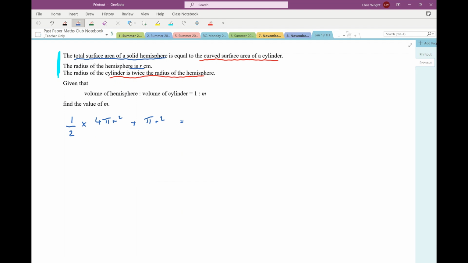Now, the formula for the curved surface area of a cylinder is 2 pi rh. Now, in this case, r here is equal to 2r, because the radius of the cylinder is equal to twice the radius of the hemisphere. So I'm going to have my total surface area of the solid hemisphere on the left, and that's going to be equal to 2 pi times 2r times h.